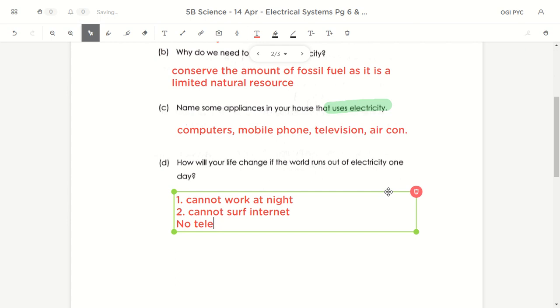You can't watch television programs. Right, so there are many effects of having no electricity. Anything that is a problem when we don't have electricity, you can write it down. You don't have to follow mine. All right, so with that, let's go on to activity 5.1.